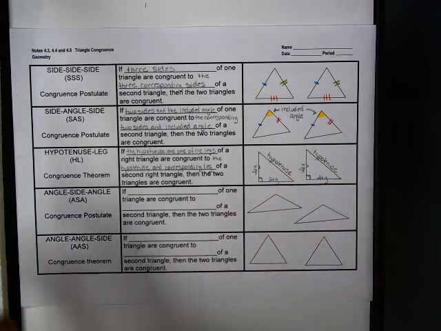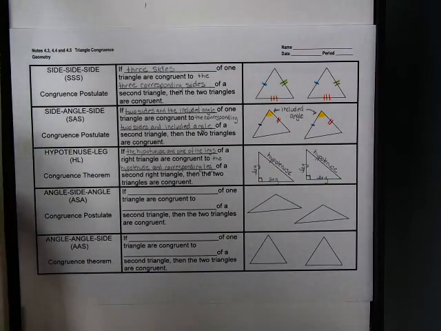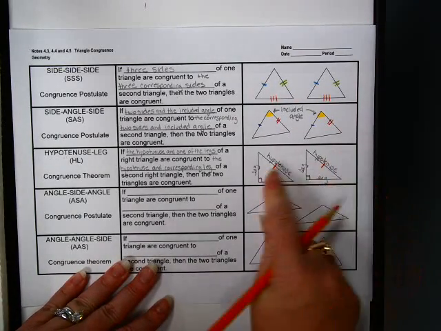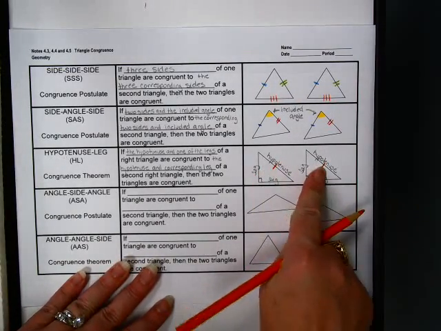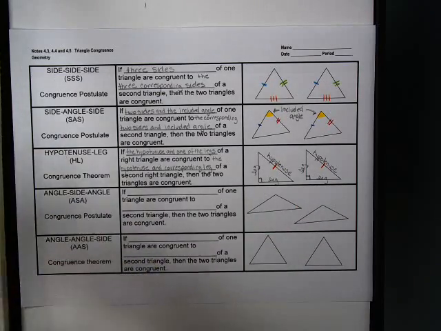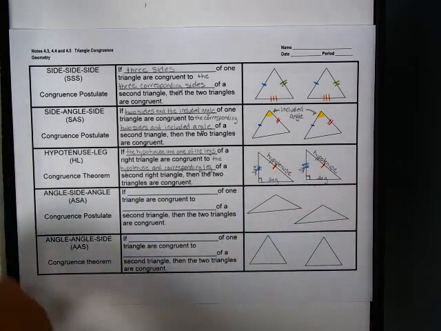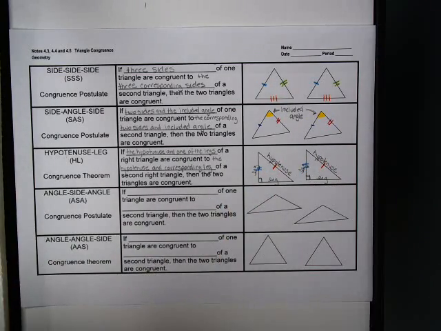Okay, so I'm going to start by marking the hypotenuse. If I can prove that the hypotenuse is congruent to hypotenuse, and then just choose one of the legs. I don't need both, just one of them. So leg congruent to leg. Then I know that those 2 triangles are congruent.